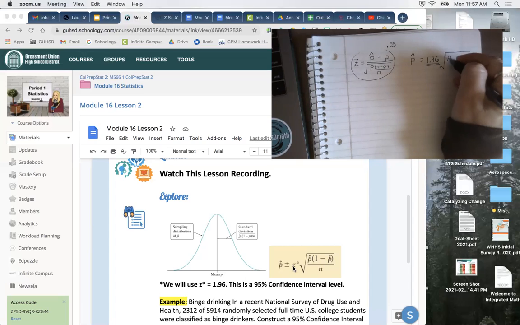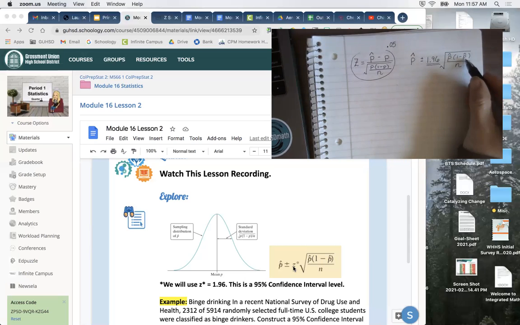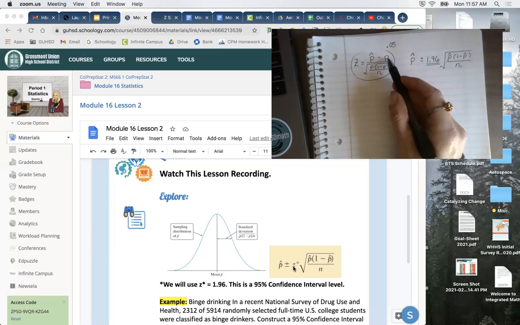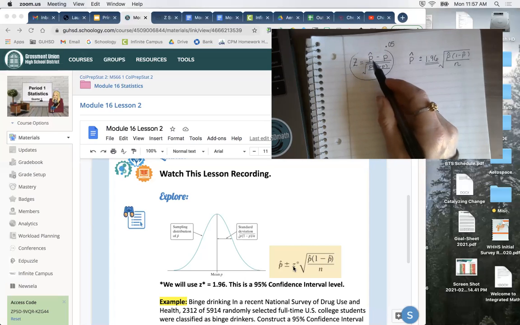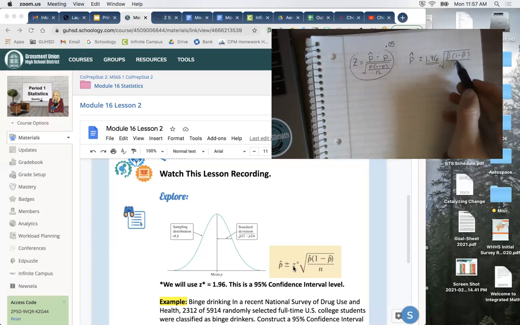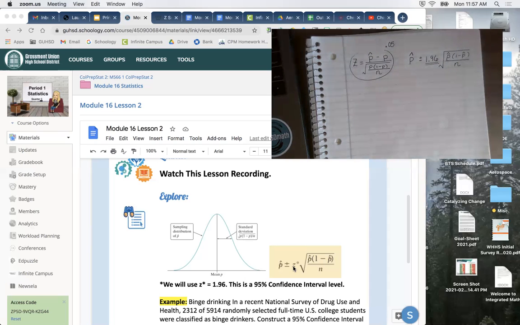So that's what we use for our standard deviation here. So you'll notice the difference there, is that now in this standard deviation, we used our actual p. We were going to assume that what they said was true, and then we're trying to prove that it's either less than or greater than that. But we use our actual p in this one, but in this standard deviation, it's the same formula. It's just that the only thing that we have is this sample proportion.